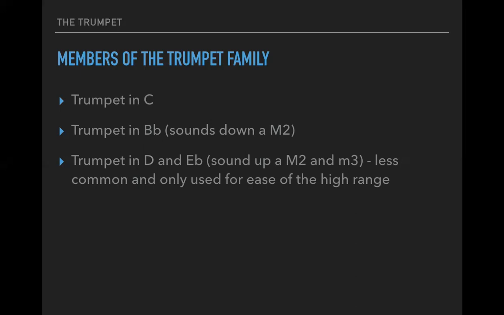Okay, so that would be much easier to read in terms of agility. It also gives you a bit more of the high range. If that's our highest note, high C for trumpet in C, well, of course, this would extend the range, that high E flat. So that could be very useful if you want a very powerful sound.